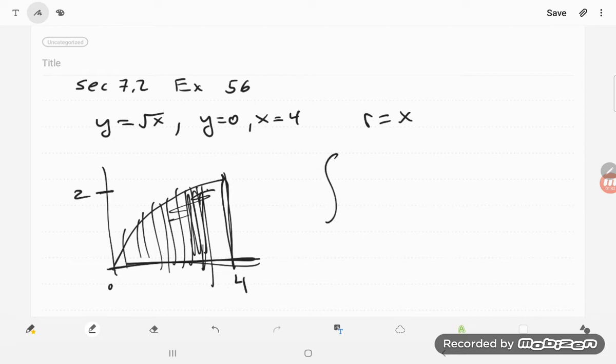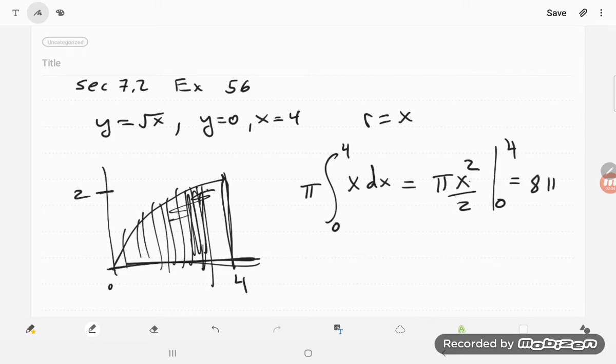So I have the integral, pi times the integral from 0 to 4 of x dx. So that's not bad. Pi x squared over 2 from 0 to 4. And so I get 16 over 2, or 8 pi.